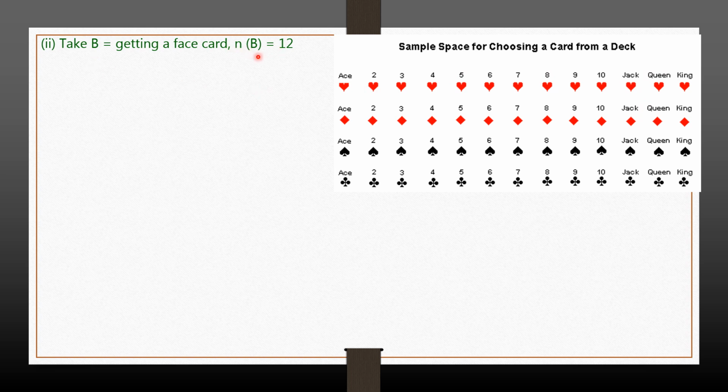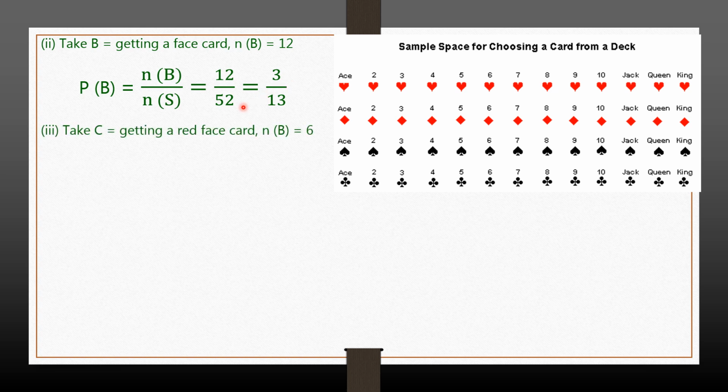As n of B is 12, you can find the respective probability by using the formula. P of B is equal to n of B by n of S. n of B is 12 by n of S is 52. Go for cancellation with 4. 4 3s are 12 and 4 13s are 52. Therefore, probability of getting a face card is 3 by 13.